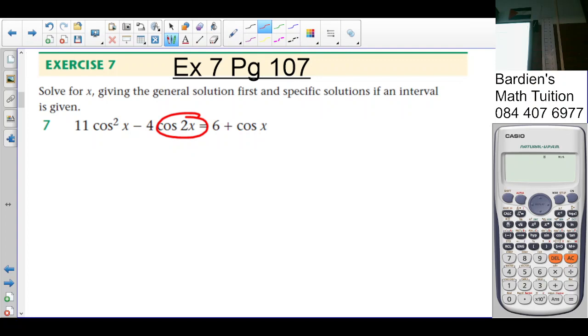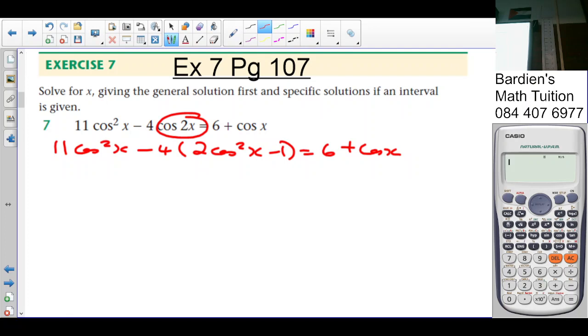The one dealing with cos, because I've got 11 cos squared x, and on the other side of the equal sign I've got cos x. That's how I know I'm going to use cos. So it's 11 cos squared x minus 4 into 2 cos squared x minus 1 equals 6 plus cos x.